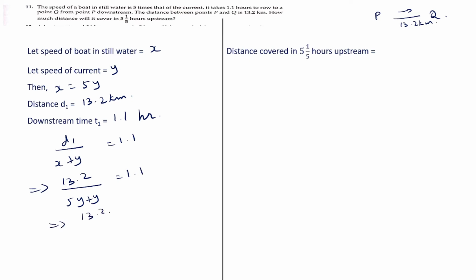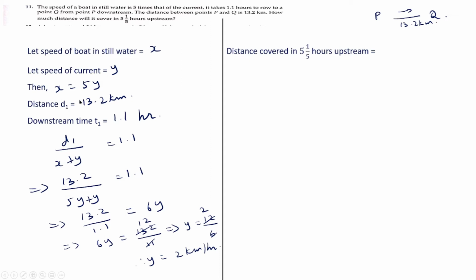Or we have 13.2 by 1.1 is 6y. So 6y is 132 by 11, or 6y is 12, or y is 2. Therefore y is equal to 2 km per hour.